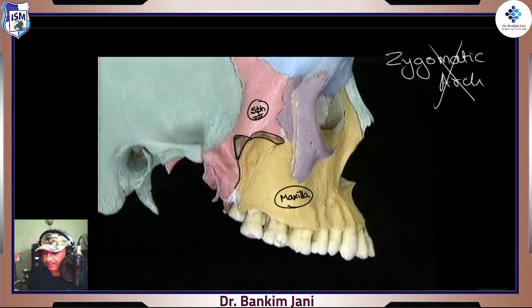So this vertical gap, it is between whom? Let's do this naming ceremony by ourselves. We say this is maxilla, so we'll call it maxillary, right? Which bone is this? Well, this is sphenoid.